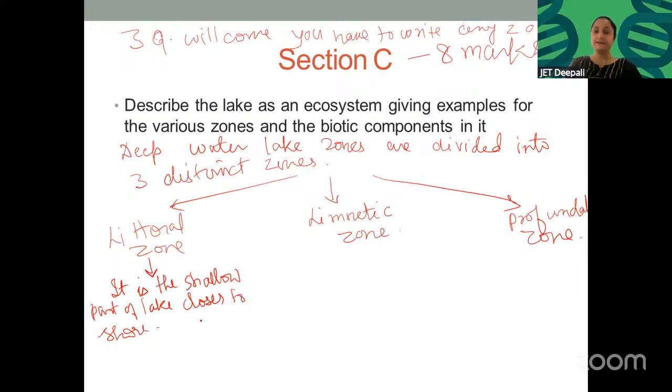Light penetrates up to the bottom. Particularly in this region, light penetrates up to the bottom because this is a shore part. Shore means near the bank of the lake or bank of river water or whatever. So light penetrates because this is not so deep. So light penetrates up to the bottom.